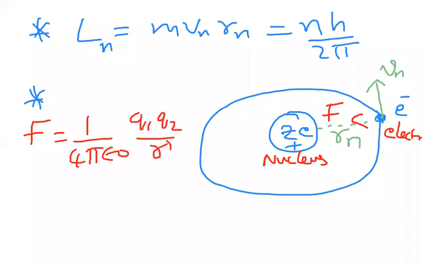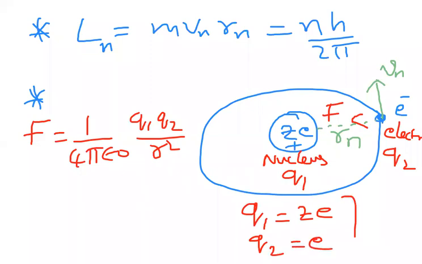Let us take the nucleus charge as Q1 and the electron charge as Q2. So Q1 is equal to Ze and Q2 is equal to e.